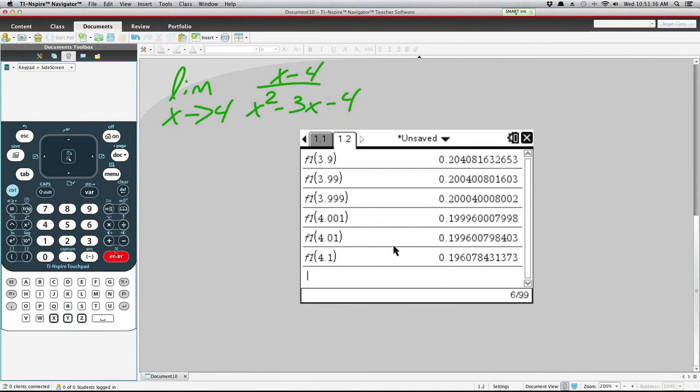We got 0.199, 0.199, 0.196. So as you can see from that, what is our limit as we approach 4? 0.2. Yeah, it looks like our limit is 0.2.